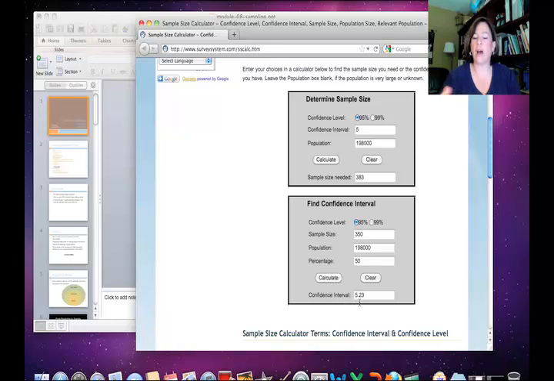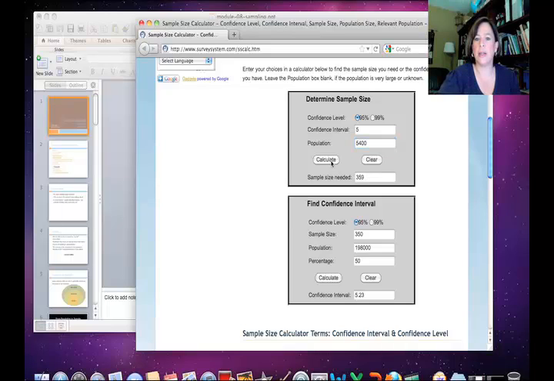This is above the 5% confidence interval that is standard for statistical research. And so what this is telling you is that you're not as confident that the sample that you got represents the population.